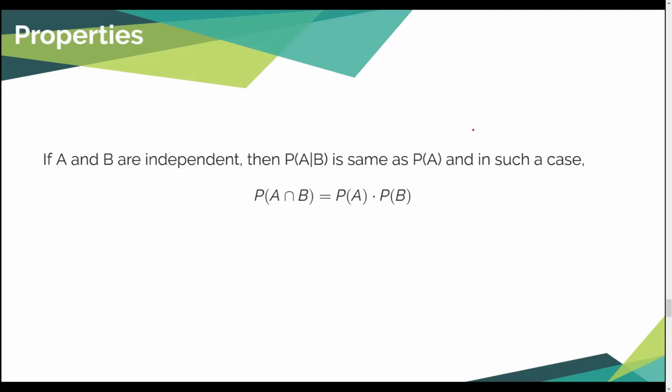So this is the structure of probability of A given B. Okay. So there is one single property that is associated with this concept, and that is if the events A and B are completely independent, then it does not matter whether B has occurred or not, it is the same, right? So if A and B are independent, in such a case the conditional probability reduces to the simple probability, right? So what does P(A|B) mean? It is the probability that A occurs given that B already occurred. Now if there is no relationship between A and B, then it does not matter whether B occurred or not, it will remain the same.